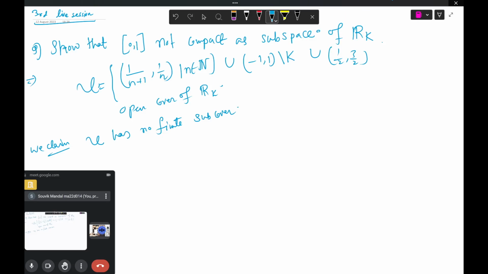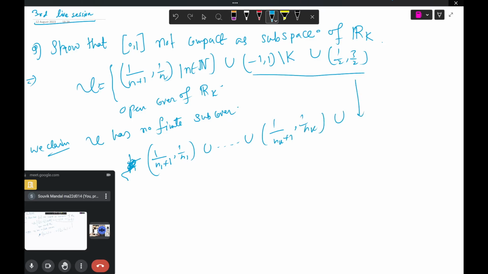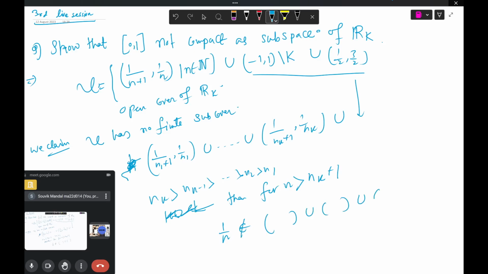Now it's quite obvious that if the finite subcover consists of finitely many of these terms, with the indices n_k strictly increasing, then for any n strictly greater than n_k plus 1, the element 1/n does not belong to those open intervals, right?